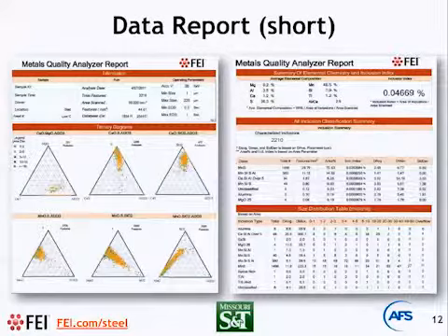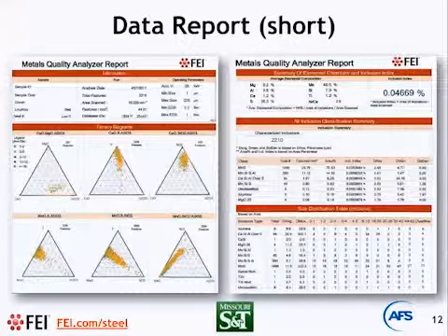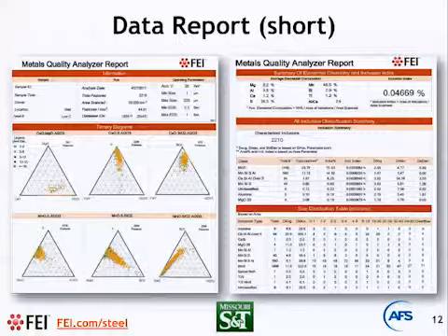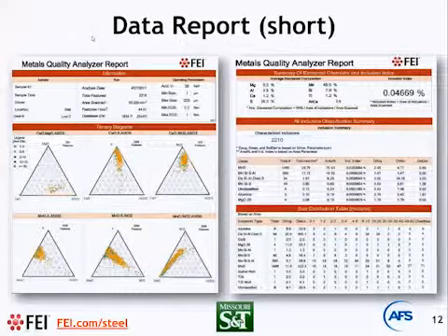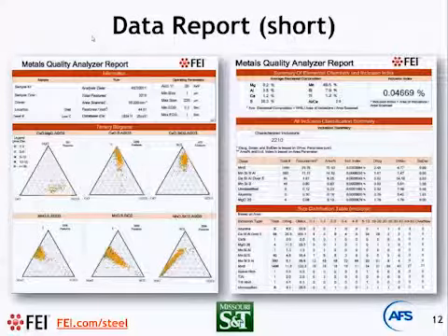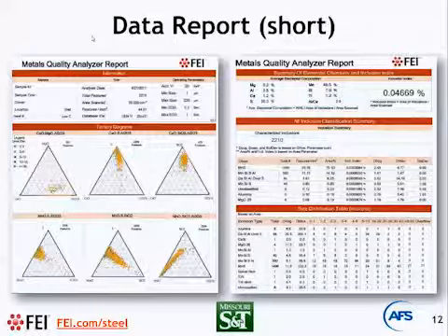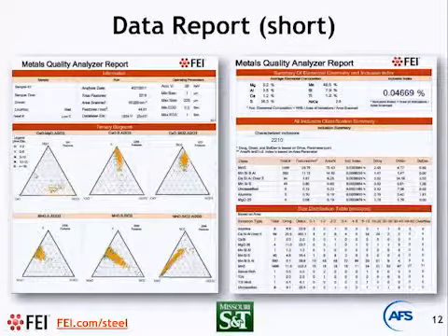Okay, so here are some examples of the report template. Because usually the raw data itself doesn't have any value. Right? We only get value by presenting the data in the way that is relevant to our process. So we have created the template to present the data. The ternary diagram shows the distribution of inclusions based on ternaries.